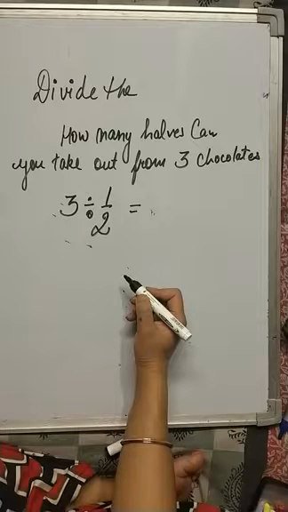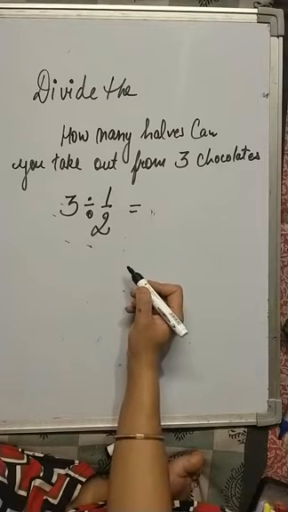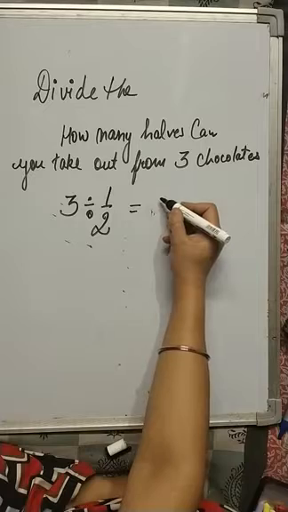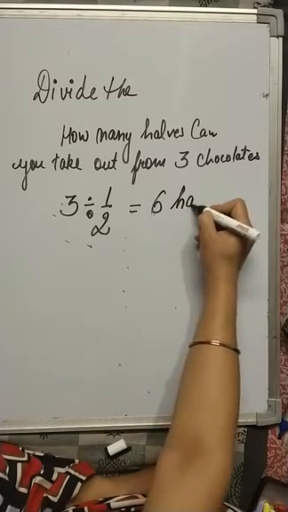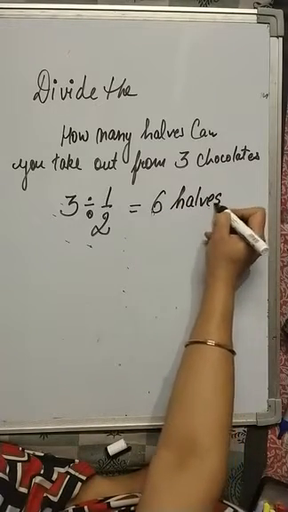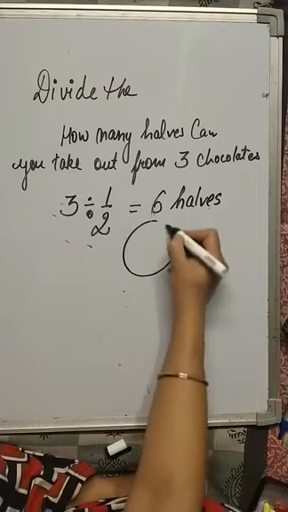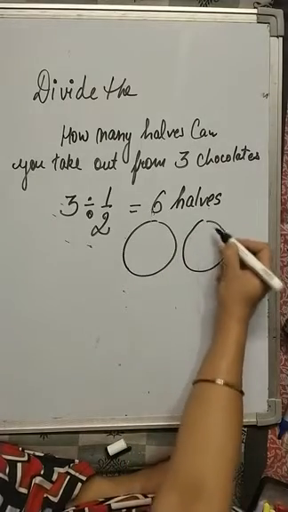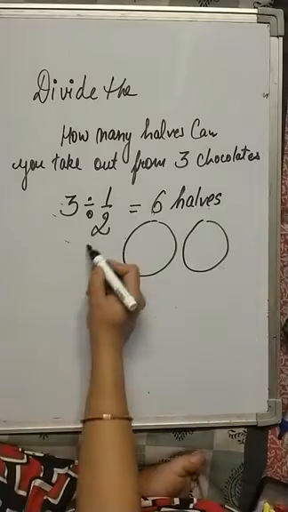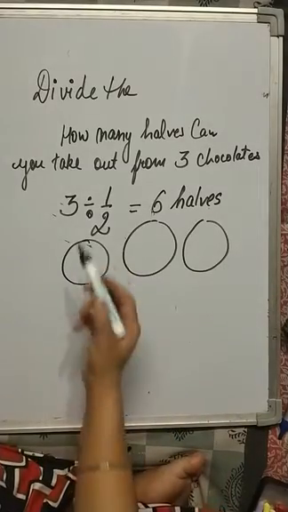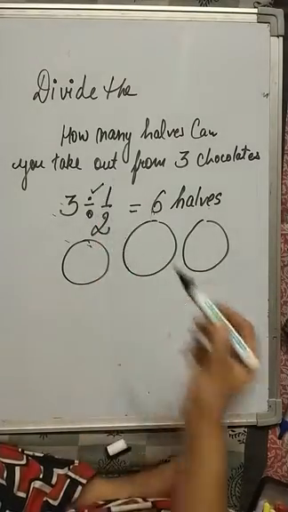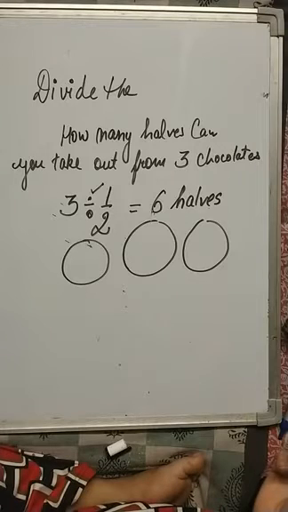I can take out 6 halves. I have 3 chocolates. The question is how many halves can I take out from 3 full chocolates?